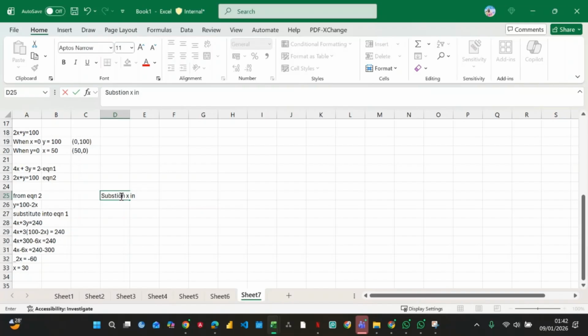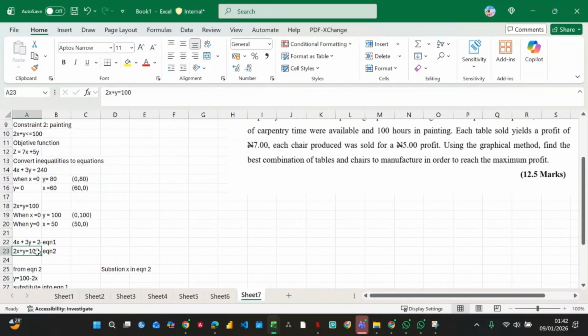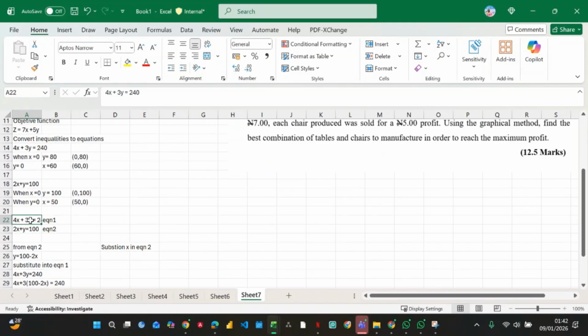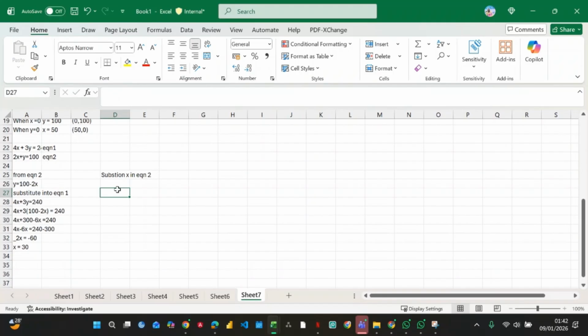Now let's substitute x in equation 2. We could even use equation 1, but let's use equation 2. 2x plus y equals 100.